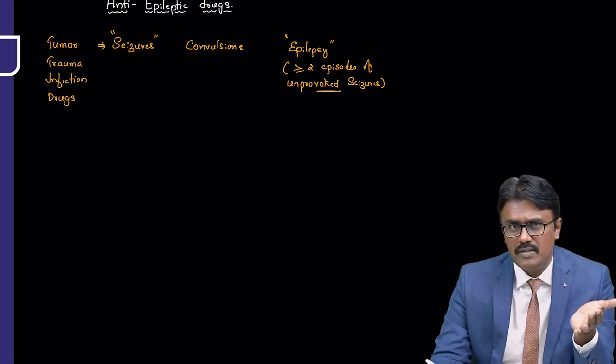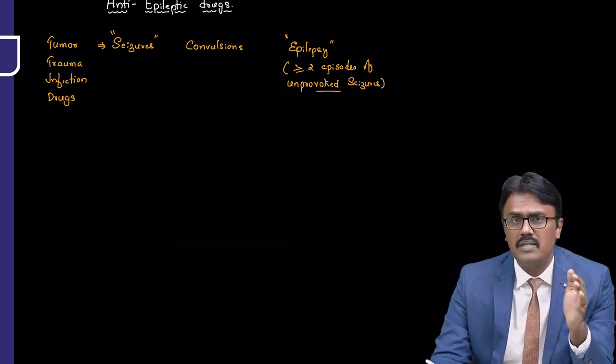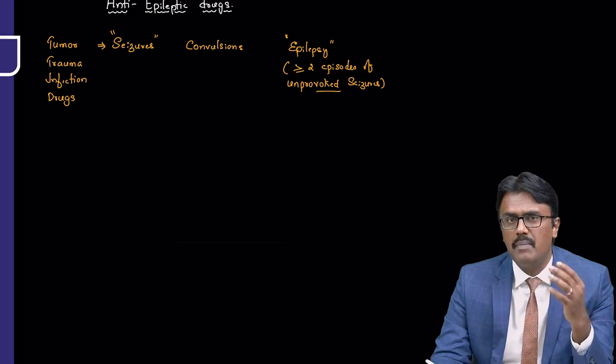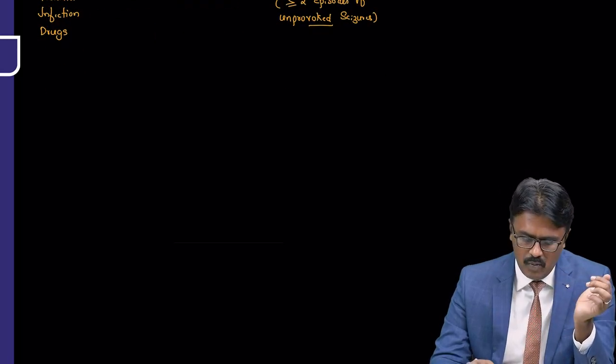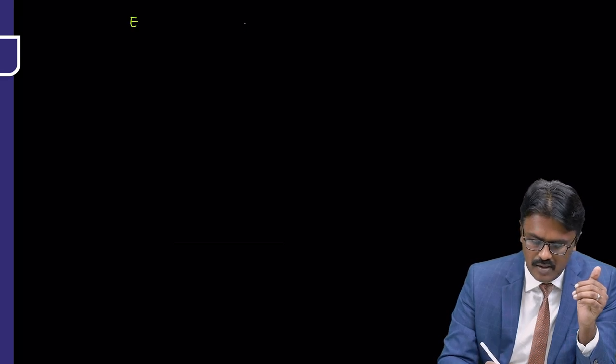Now, whatever it is, we need to suppress the brain. The brain is hyperactive. Now, what are the drugs going to target? We have already discussed in sedative hypnotics how to depress the brain. We have the excitatory neurotransmitter and inhibitory neurotransmitter.